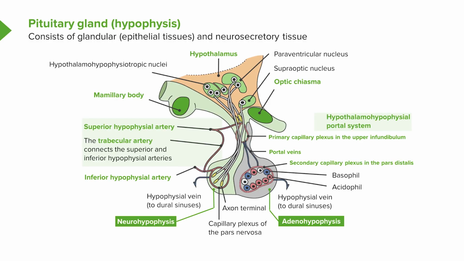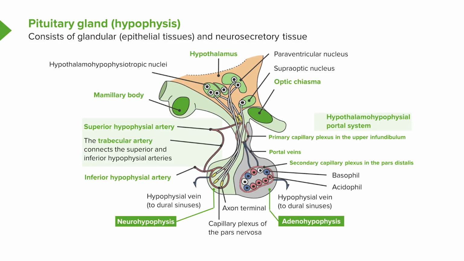Now this artery branches and it provides the hypothalamus with a network of capillaries. It's called the primary capillary plexus or network. And it's in just the upper part of the infundibulum, that stalk that connects the pituitary gland to the hypothalamus.